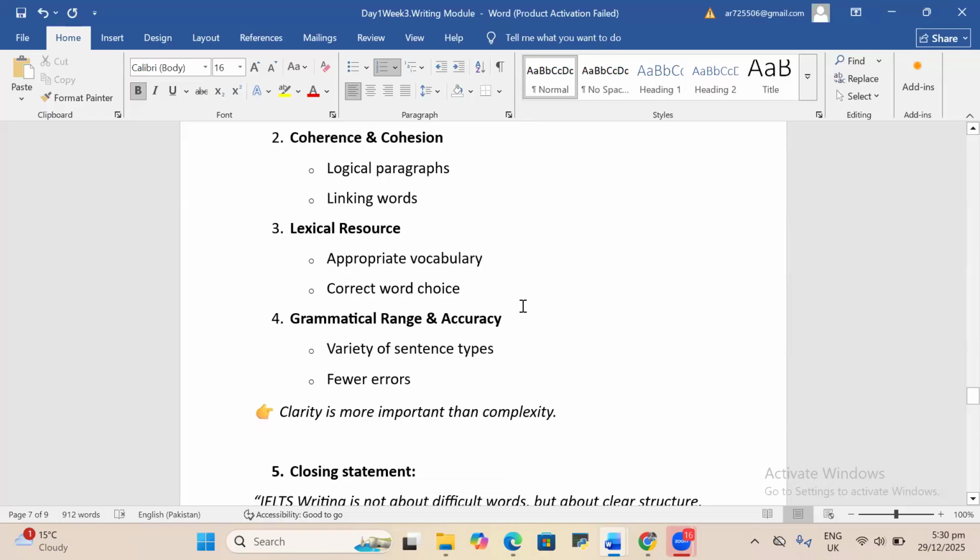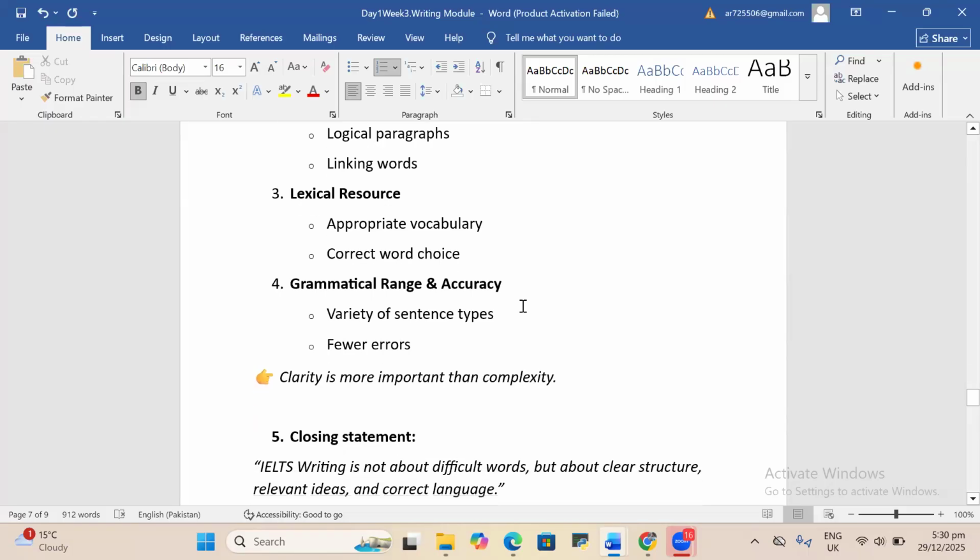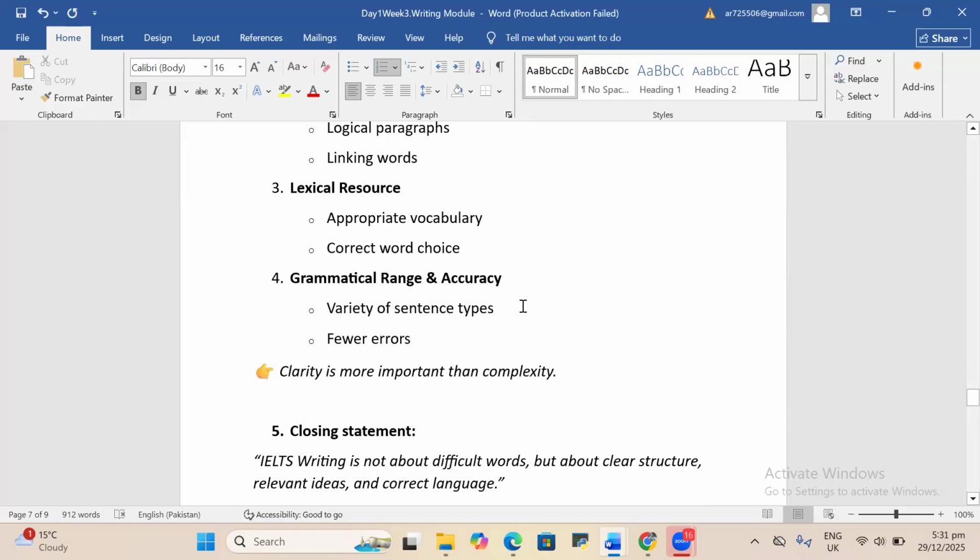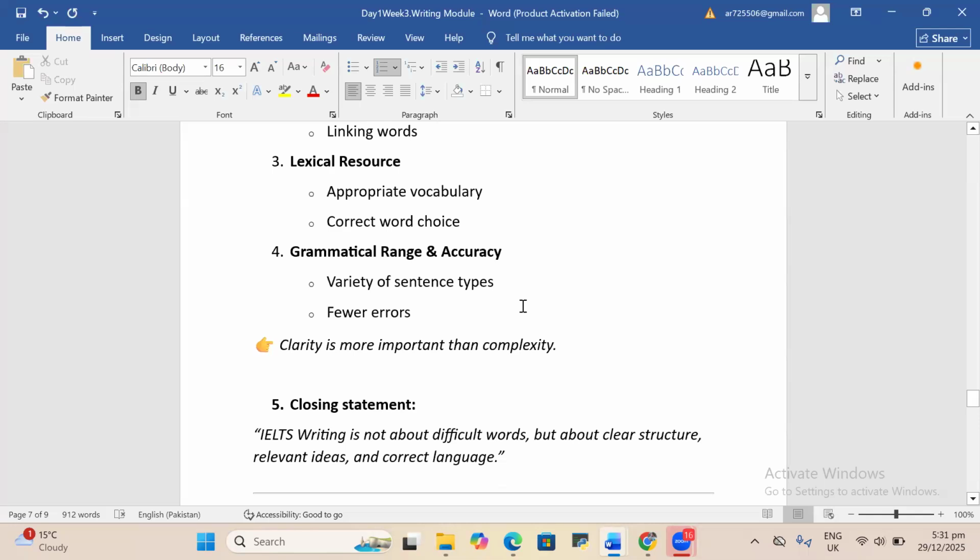And the last one is grammatical range and accuracy. You need to write a variety of sentence types with few errors. You should write simple sentences, compound sentences and complex sentences. But if you write compound and complex sentences with errors, it is better to write simple sentences rather than complex ones with errors.